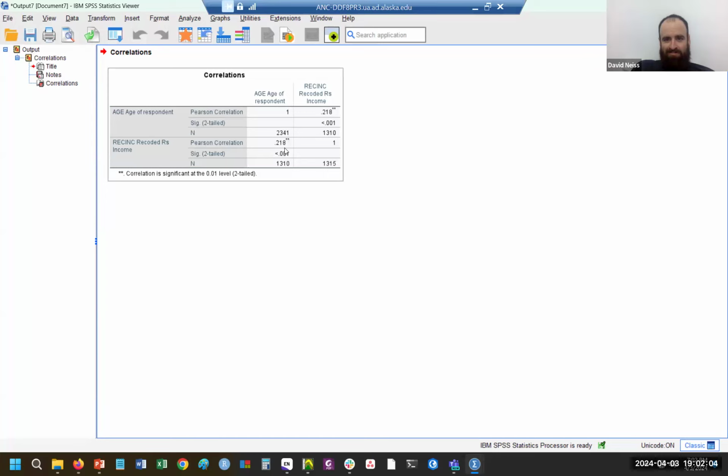Whatever 0.218 squared is. 0.04, 4%. Okay, so age explains some of income, but it really isn't all the story there.